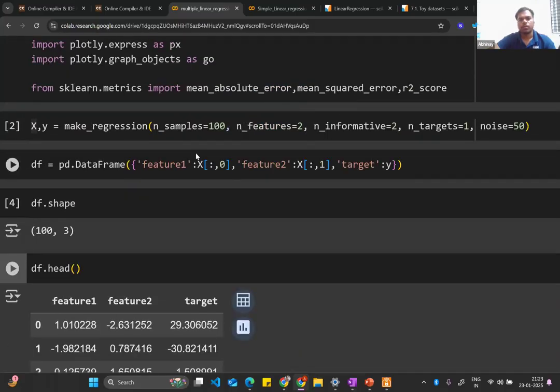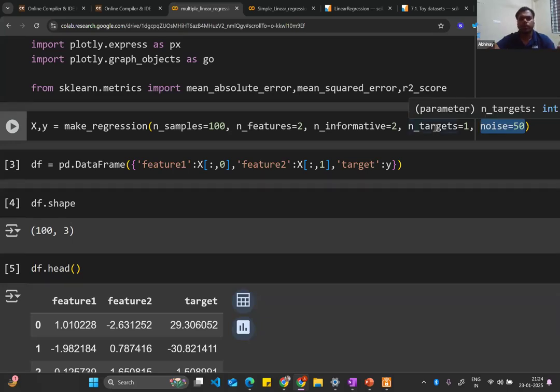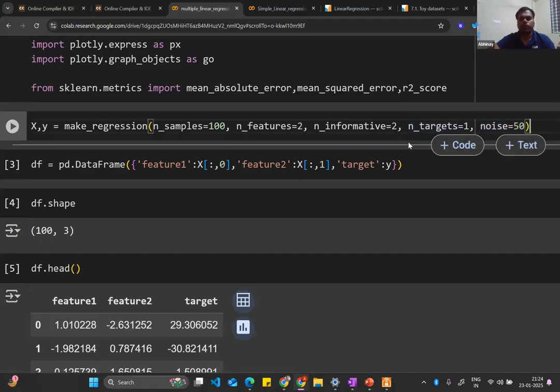Total number of samples we have taken is 100, the number of features we have taken is 2, and these are two features that are important in predicting your result, that we have mentioned over here too, the target value. And for noise, we have given a kind of random value in your dataset, that is 50, right?